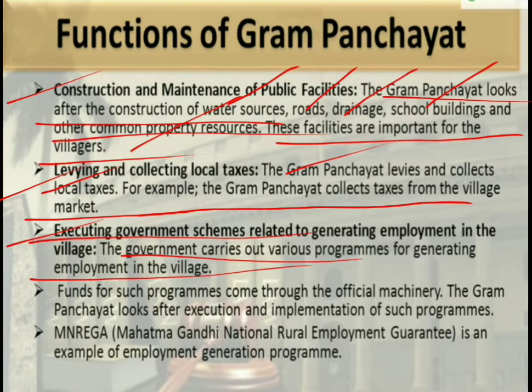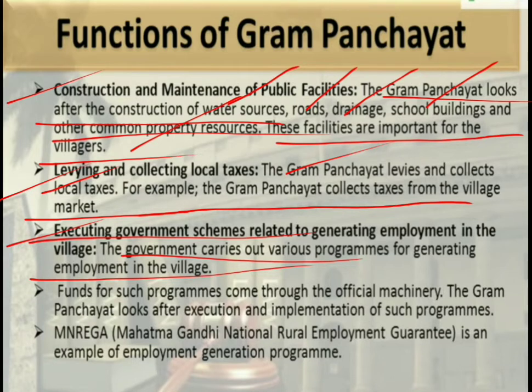For example, if the farmer plants the seeds in the field, it requires too much time, 8 months or 6 months. After the harvesting he is free for the remaining 6 months. In that time he requires employment, as well as to run the family.